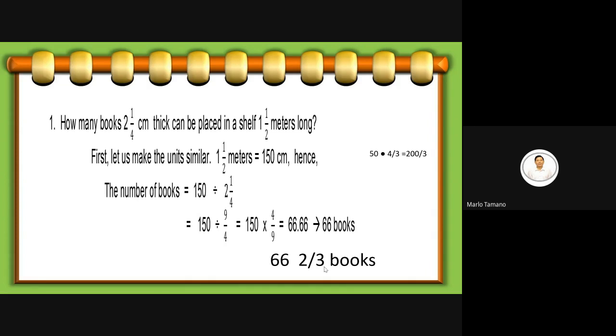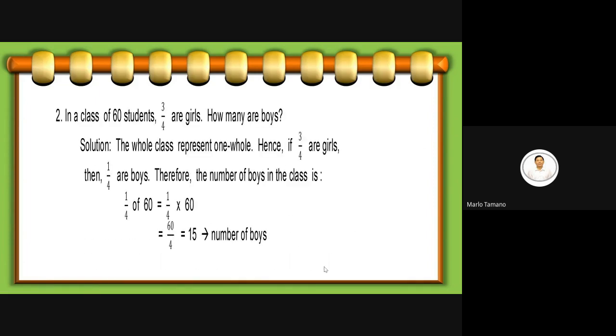So, yung buo na lang po na 66 ang pwede natin isaksak doon sa shelf. Naintindihan? 66 books or 66 pieces of books. Okay, next example number 2. Pakibasa nga.